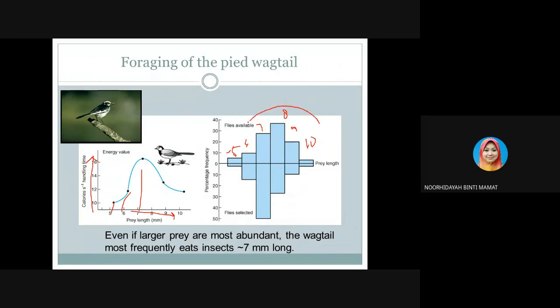This is the percentage frequencies of flies available, and even though the larger prey, 8 mm, are the most abundant prey for the pied tail, the pied tail eats most frequently about 7 millimeter long prey. So this is not basically about the size of the prey. The animals don't choose the larger prey, but they choose the prey that can give them the maximum energy gain and less time spent.